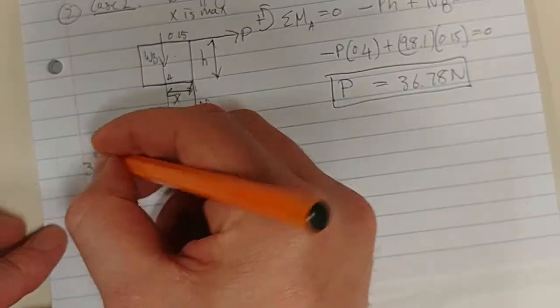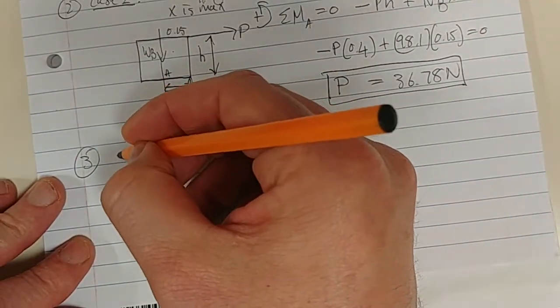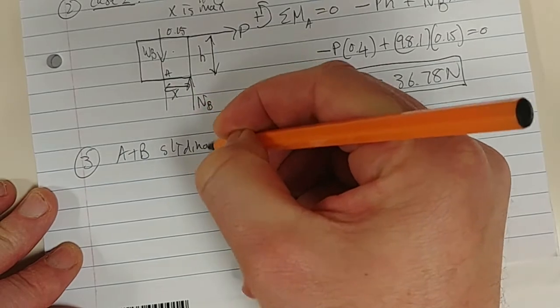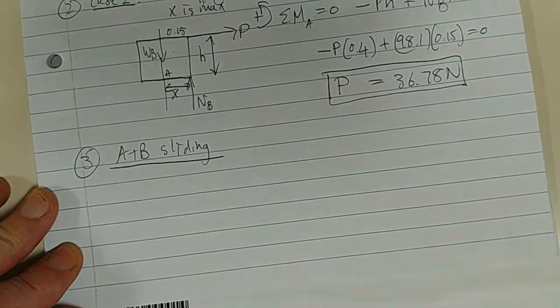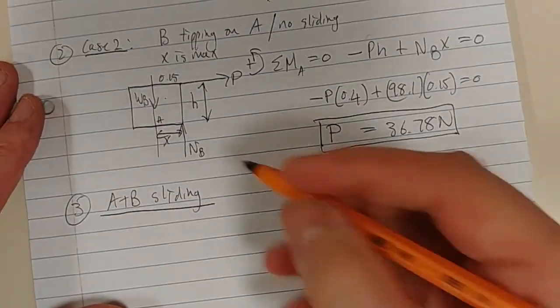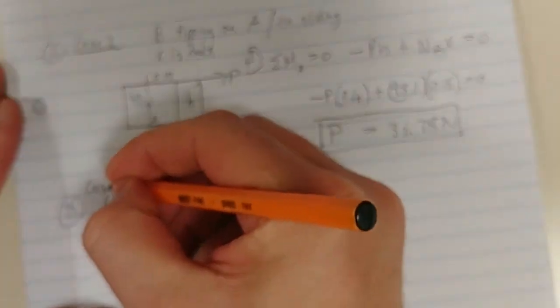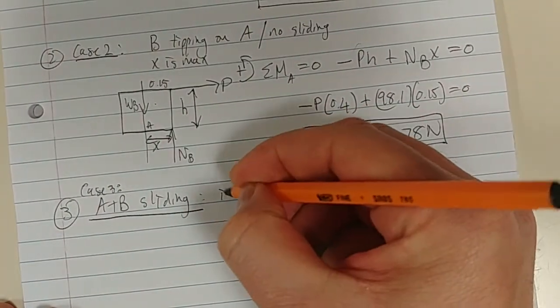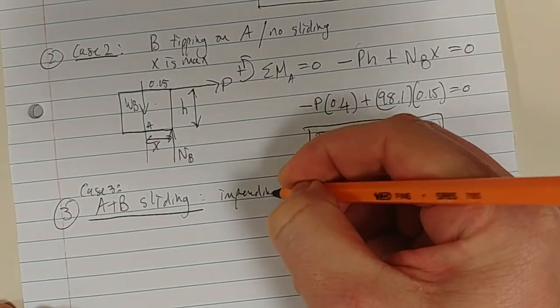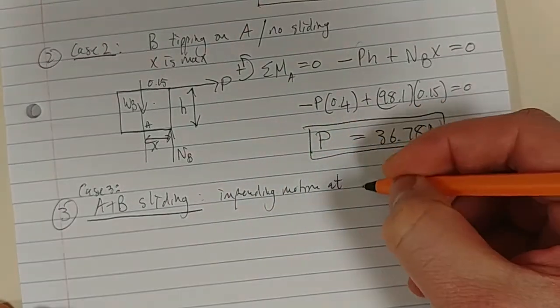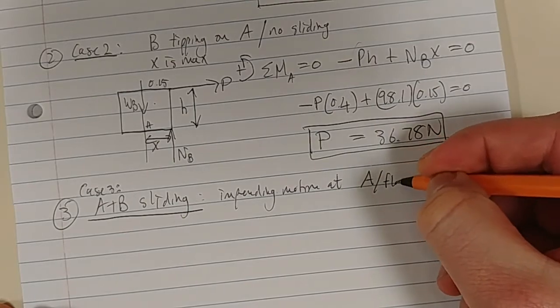And then the third one is A plus B sliding. Okay, that is the third assumption or third case. Say case 3. Case 3, A and B sliding. That means impending motion at the interaction between A and the floor.